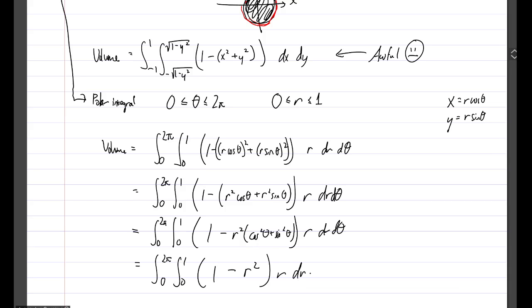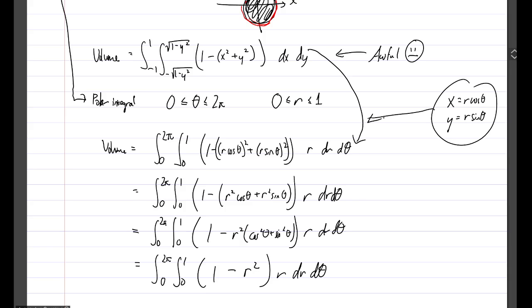Now, okay, so look, this works, and this is applying this general step going from here to here. Every x got replaced with r cosine theta, and every y got replaced with r sine theta.